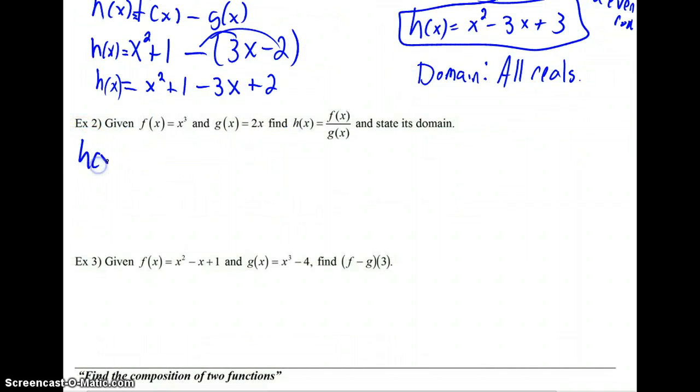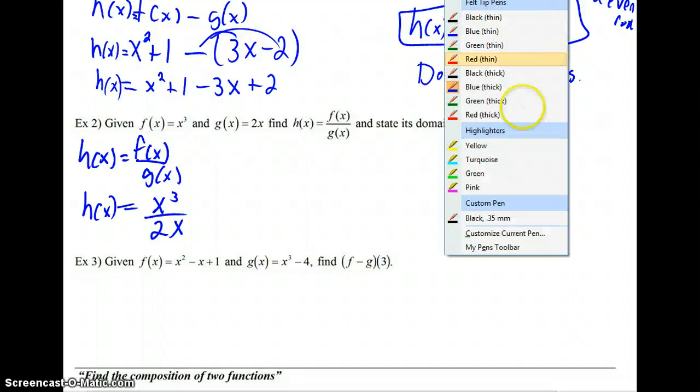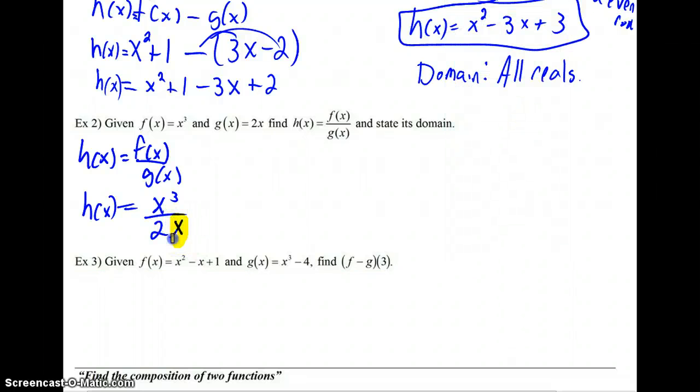H of x is a division of two functions, f of x all over g of x. Now, of course, f of x is x to the third. Down below we have 2x. Now, before we simplify, I just want to make a quick comment about the domain.